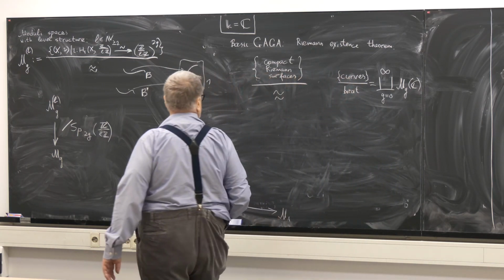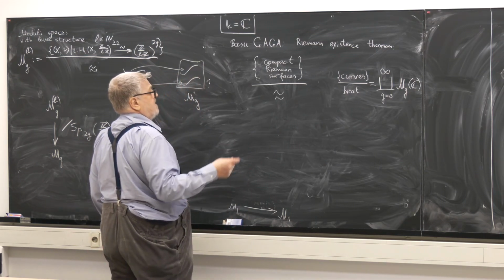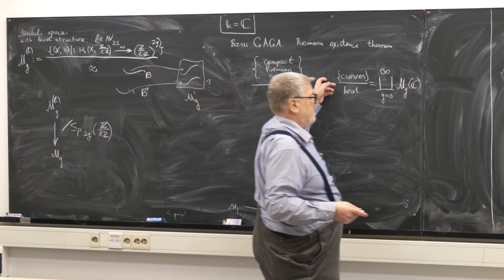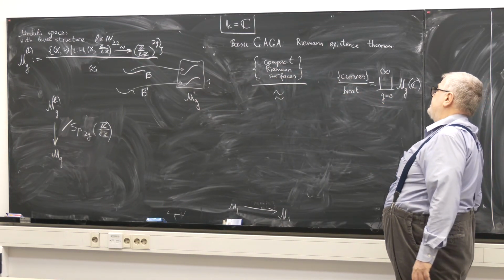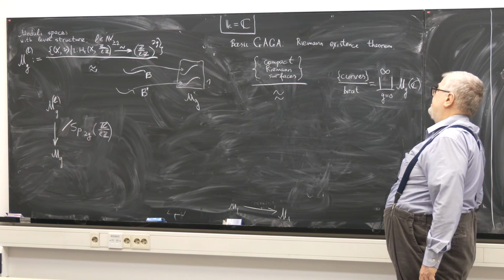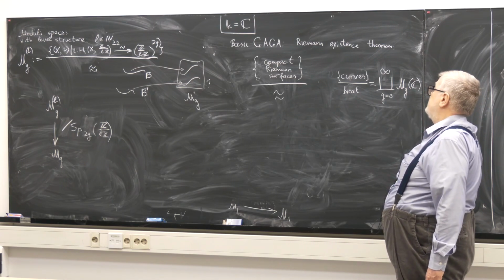So in fact, Riemann's theorem, well, I would say that there is an obvious arrow, because the algebraic structure defines the complex analytic structure in an obvious way.